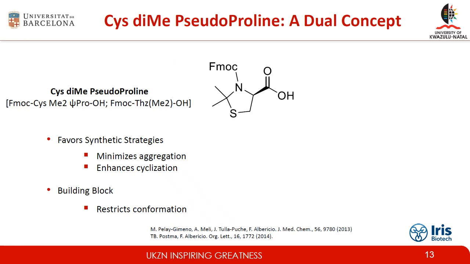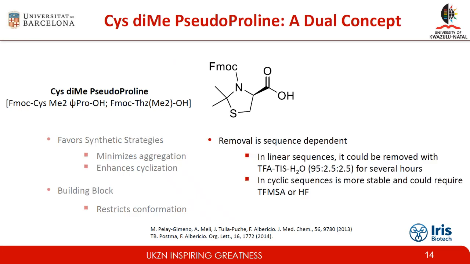But they also have 2 interesting properties. One can enhance cyclization, and on the other hand, as a cysteine derivative, the cysteine pseudoproline is more stable than the serine and threonine pseudoprolines. We can use the cysteine pseudoproline as a building block to restrict conformation, to prepare cyclic peptides with a restricted conformation.